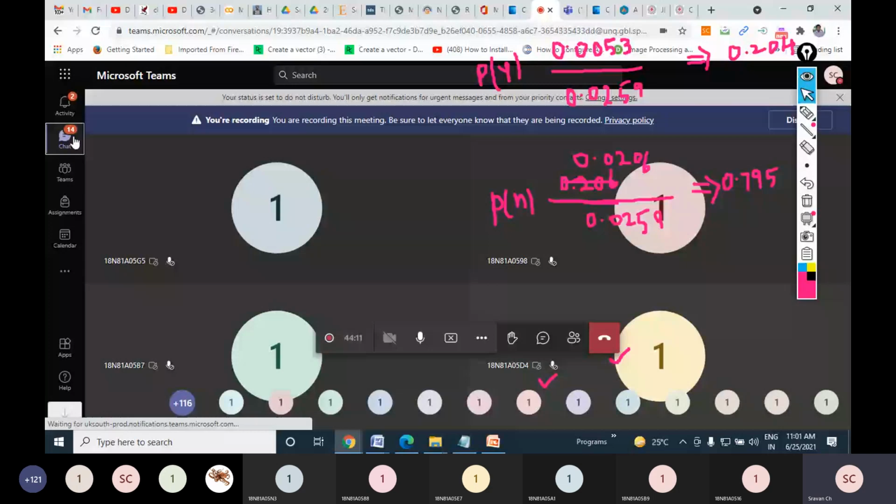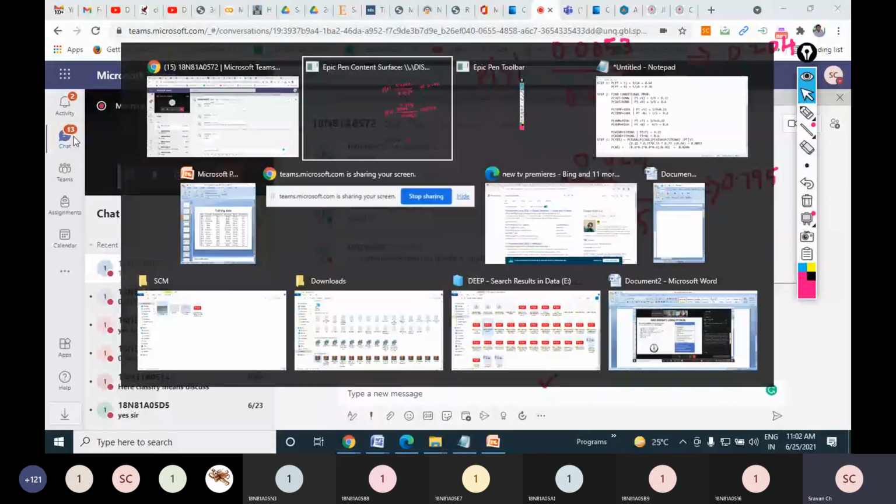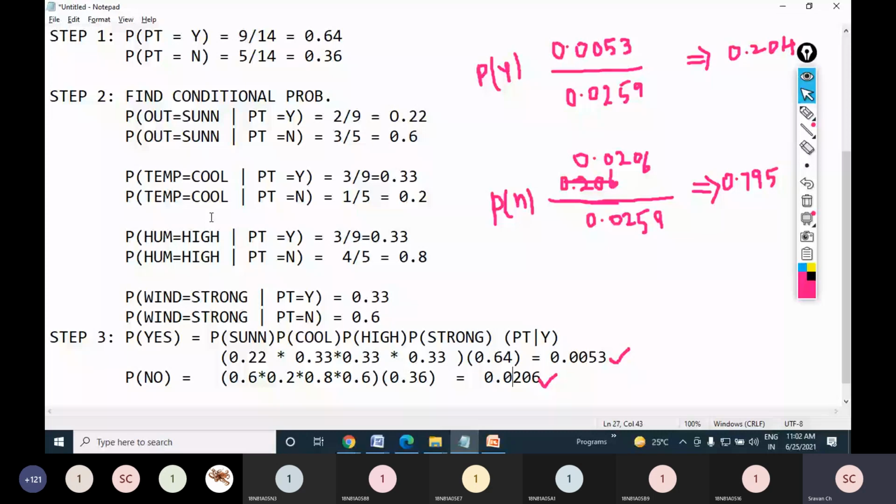If you have two events, the probability of occurrence of one event is X and of the other is Y, then the sum of X and Y should be 1. That's the reason, if you come back to the previous step, in step 3, please observe the answers we got: 0.0053, 0.0206.